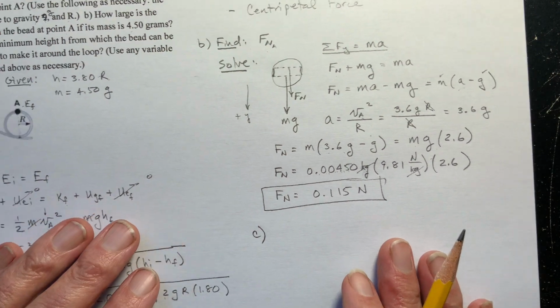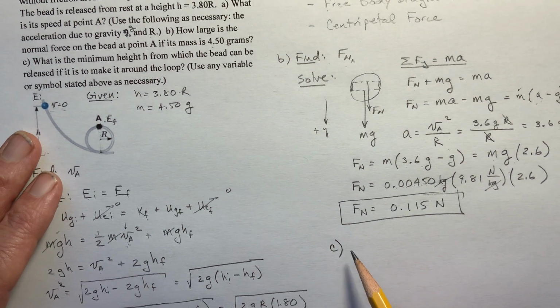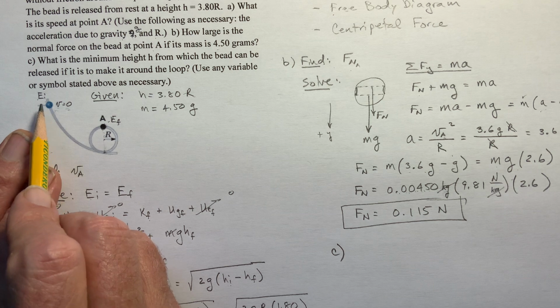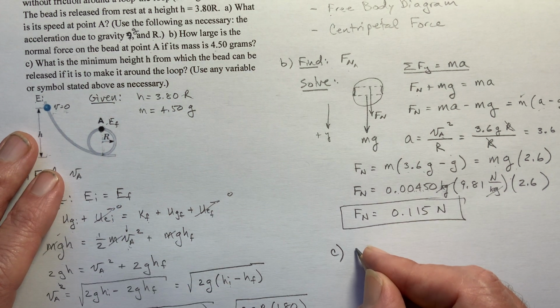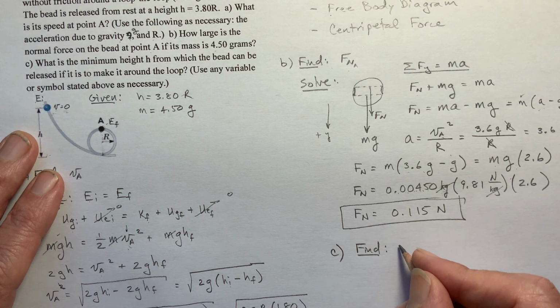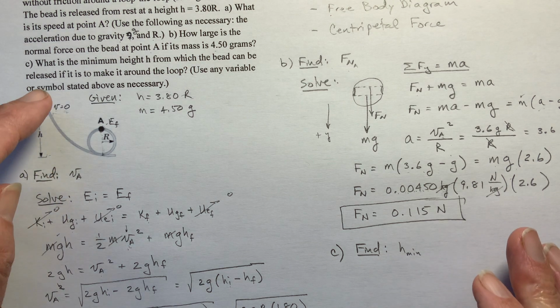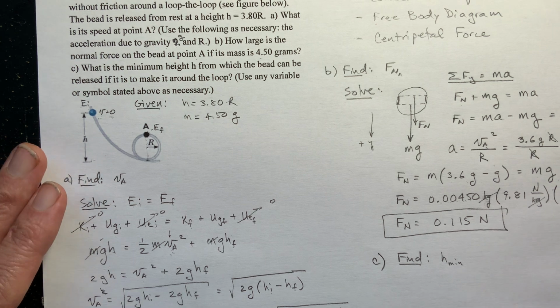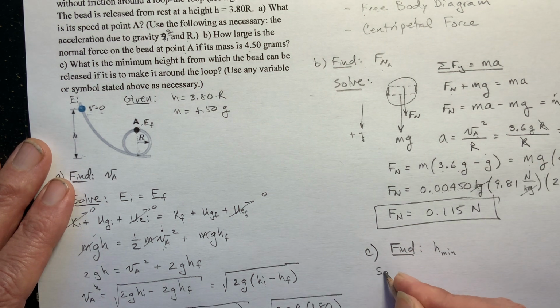So what does that mean? Well, I'm just going to use this: the initial energy equals the final energy. And let me do this properly. What do I want to find? I want to find H, the minimum height that I need so that it makes it all around. Okay.